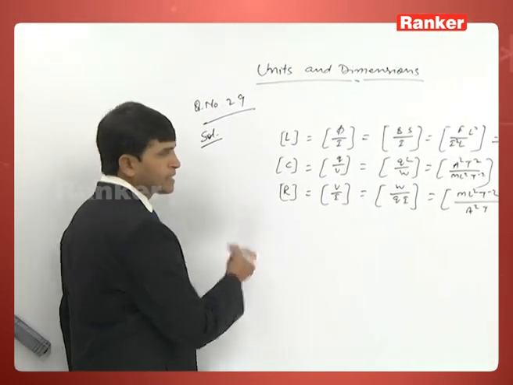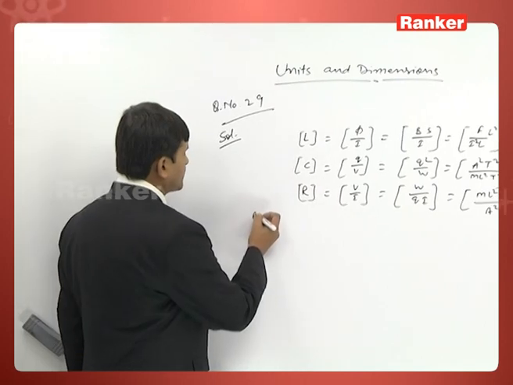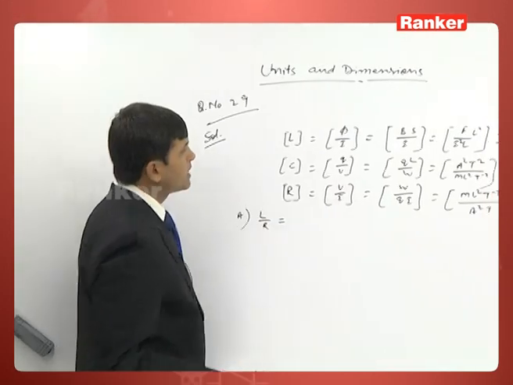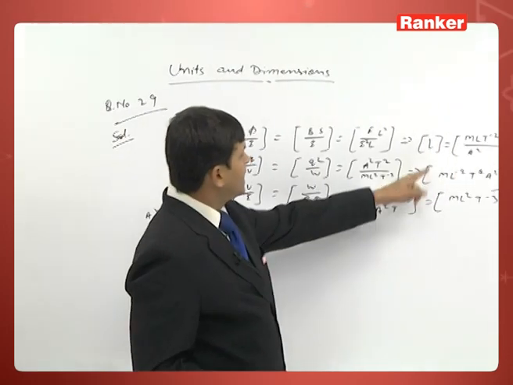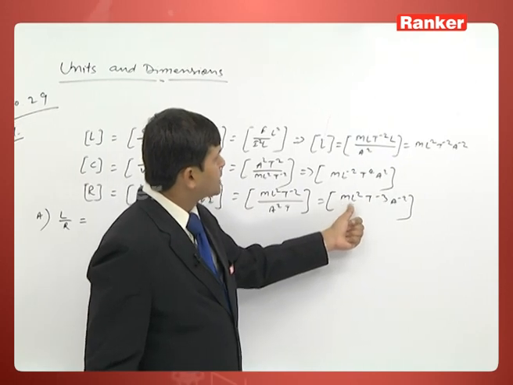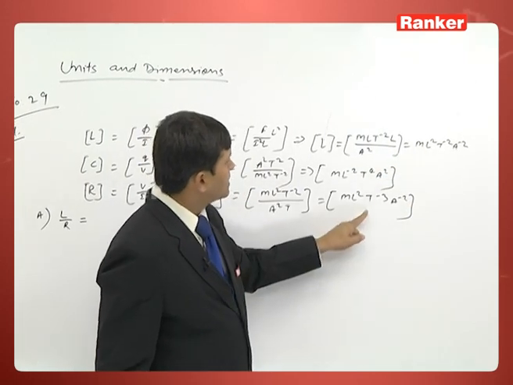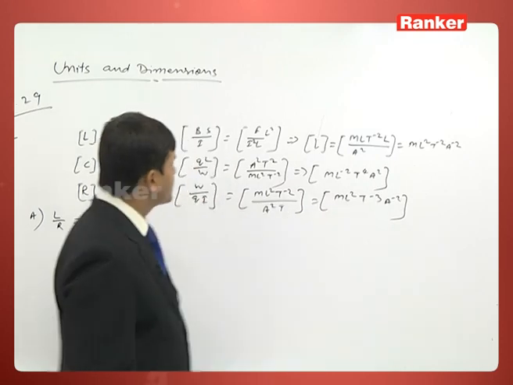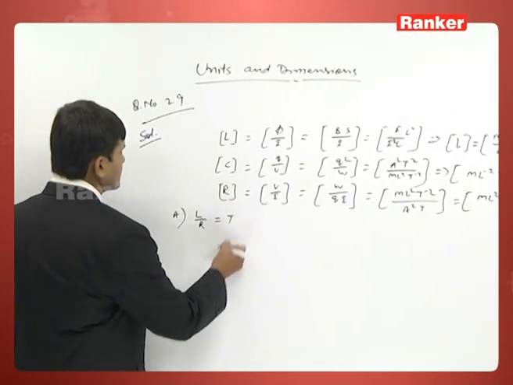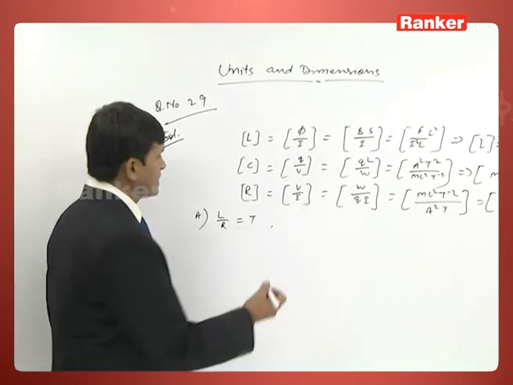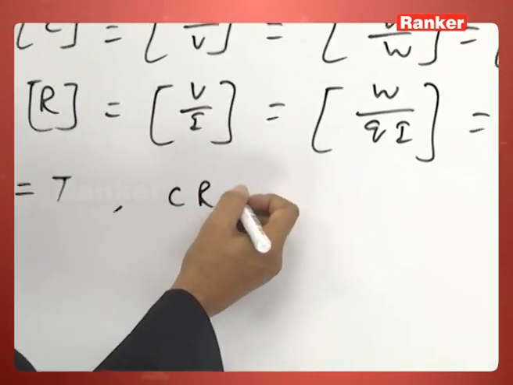Now, see the first option, part A: L by R. Let's check it. When we look at L by R, M L square cancel, T minus 2 and T minus 3 give T. So this will be T. And second is given as CR, or RC.